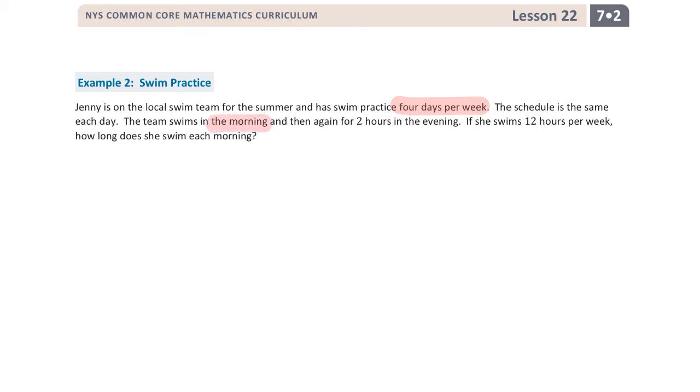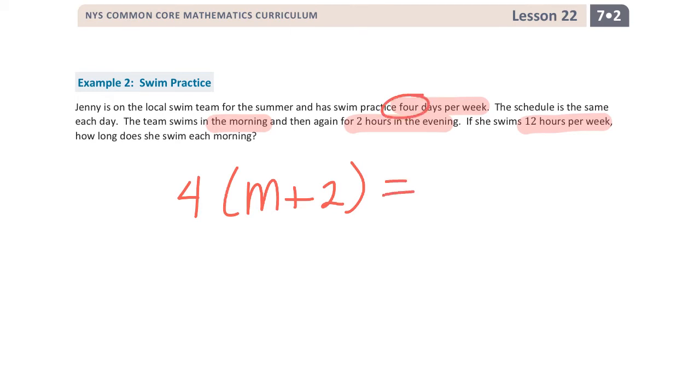So she swims in the morning and then 2 hours in the evening, and our total is 12 hours for the week. So each day she swims in the morning and then she swims again for 2 hours. And she repeats that pattern 4 times. So inside the parentheses is the pattern, and then it occurs 4 times. That gives us our total of 12.